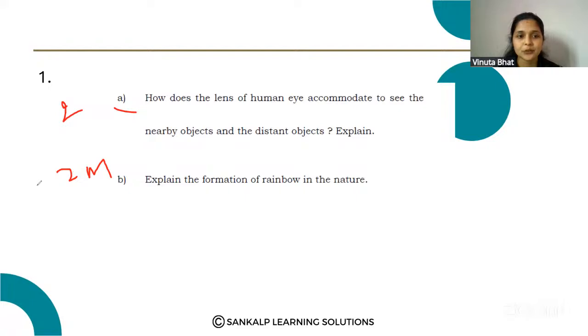How does the human eye accommodate to see the nearby objects and the distant objects? Explain. Then explain the formation of rainbow in nature. Please note down this question.